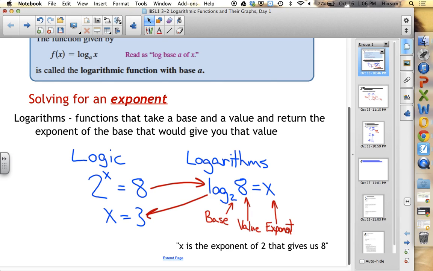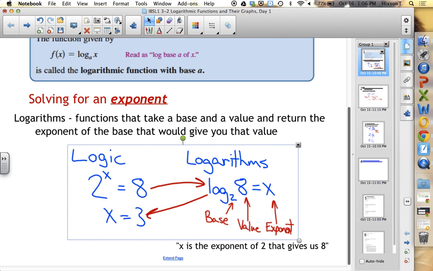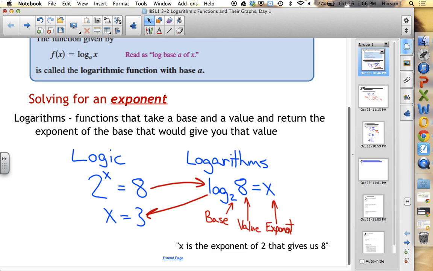We are going to graph these, but we're going to get to that a little tomorrow. But anyways, the base of our exponent, 2, is going to equal the base of our logarithm. Now, the value that 2 to the x equals is what we're going to take the log base 2 of.